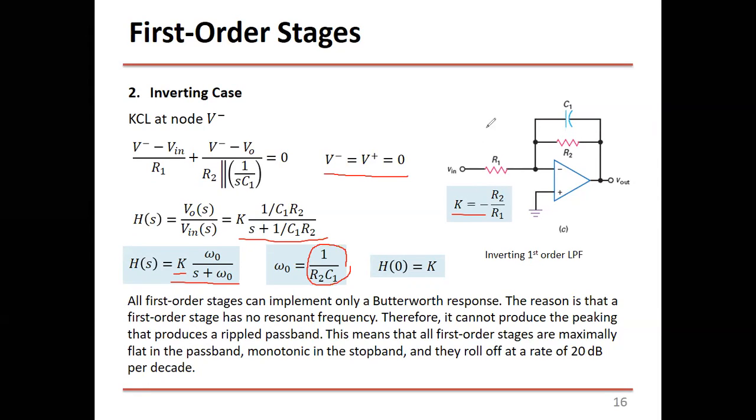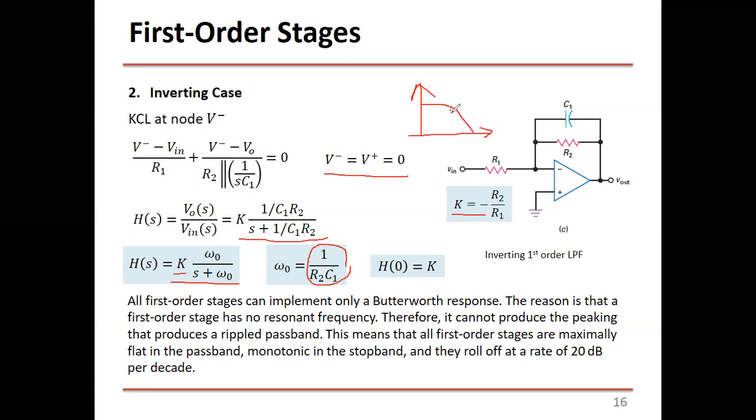If you plot the frequency response of this filter, you remember how it looks like? If you substitute S with J omega in this equation, you remove every S and you substitute J omega, you're going to plot H of omega, right? And if you plot the magnitude, it's going to be like this. It's going to go flat and then make 3 decibel frequency and then go minus 20 dB per decade, right?